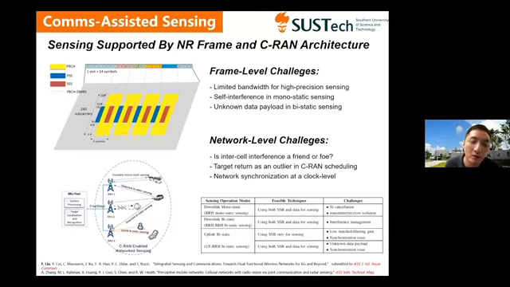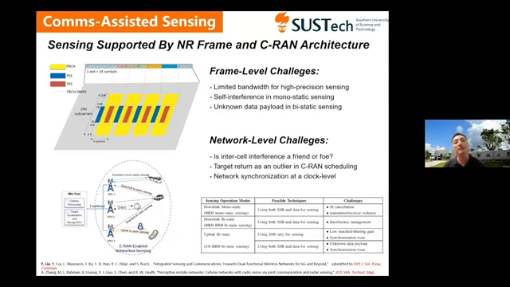But there will be some problems here. One is in the frame-level design. If you want to use a default communication frame to support sensing, the bandwidth may be limited, because in the NR frame structure, in sub-6 gigahertz, one carrier can be up to 100 megahertz.